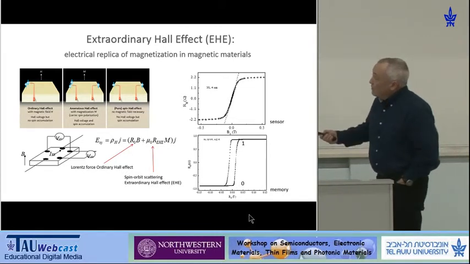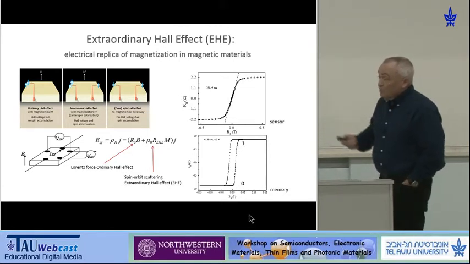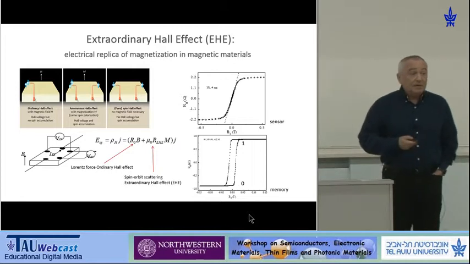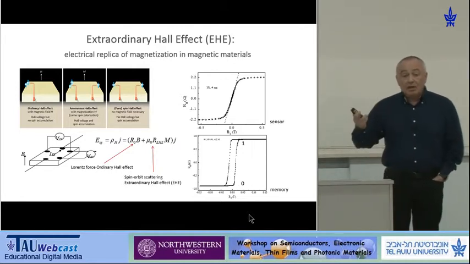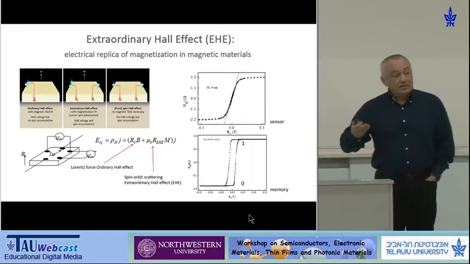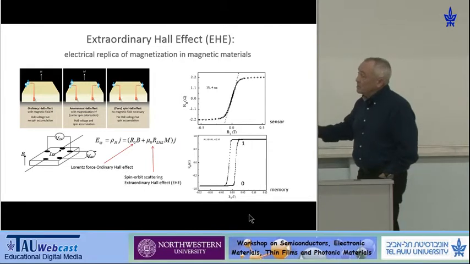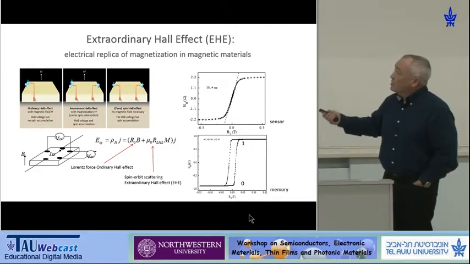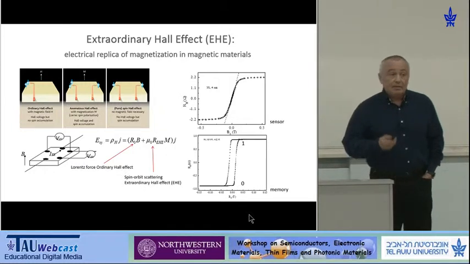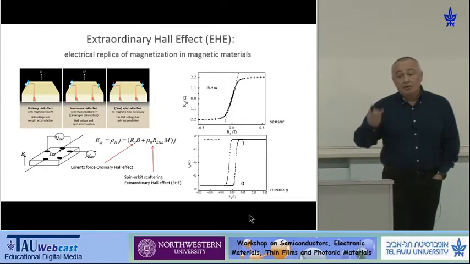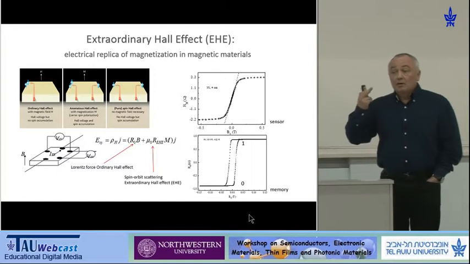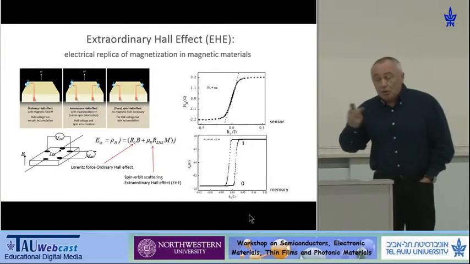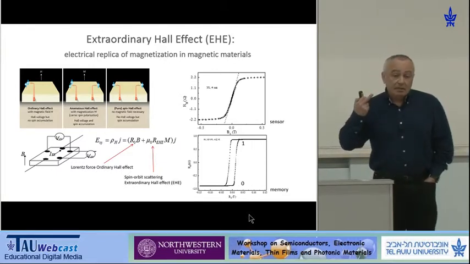But if we have the material which is magnetic, and we have spins up and spins down, and we have different effective number of conducting spins up and spins down, we have an additional effect, the so-called extraordinary or anomalous Hall effect, and it comes from scattering of electrons, which includes spin-orbit interaction.